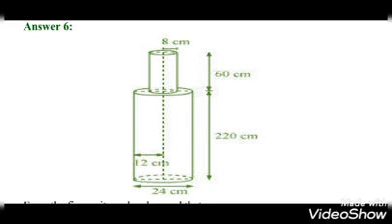The smaller cylinder height is 60 cm and the larger one is 220 cm. The radius is also different. The diameter of the bigger one is 24, so the radius is 12 cm, and the radius of the smaller cylinder is 8 cm. Now we need to find the mass of this solid figure.